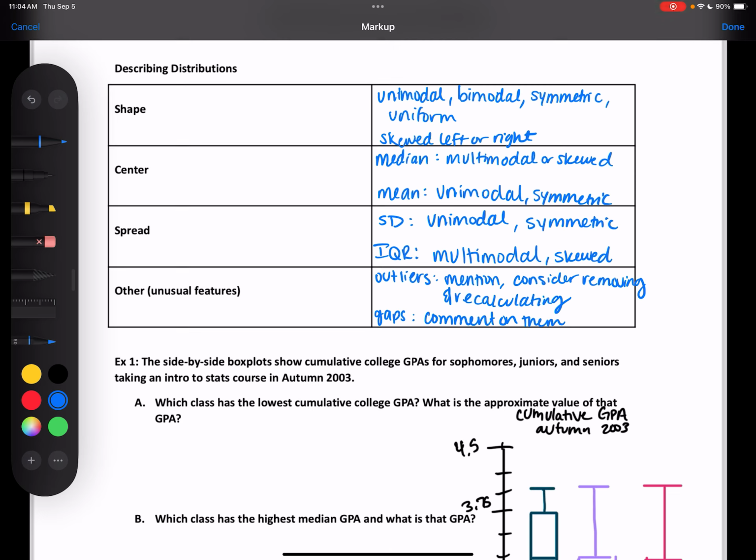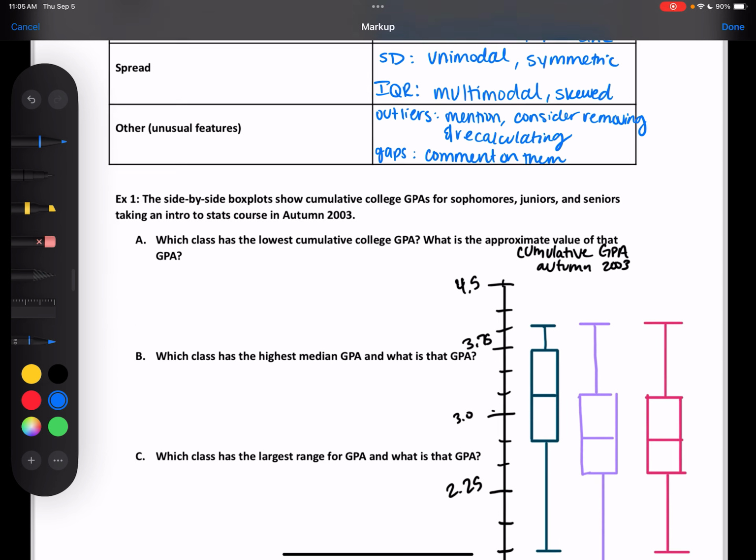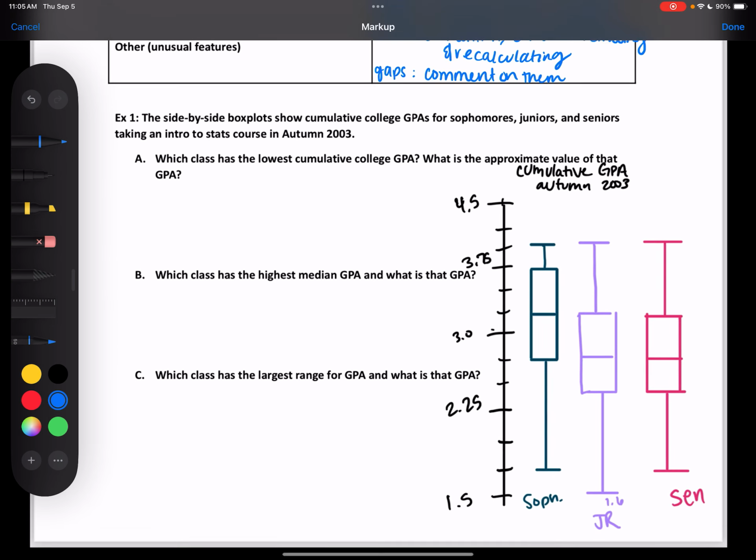So if it seems drastic, I would remove it and run it again. But just make a note one way or the other. You have to comment that there are outliers anyway and say what they are, so you can just say I did remove them or I didn't remove them, basically.